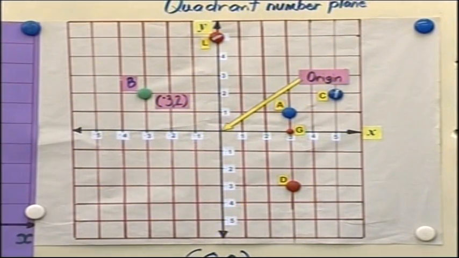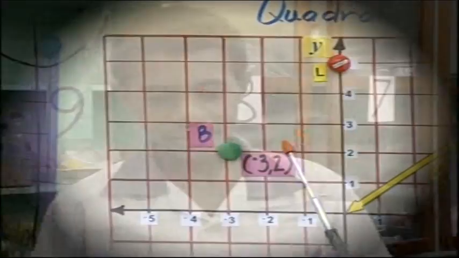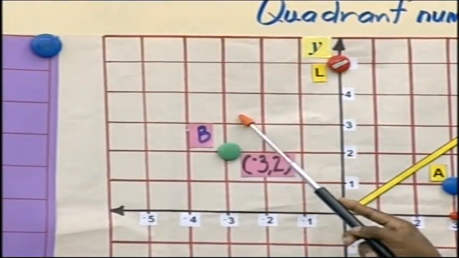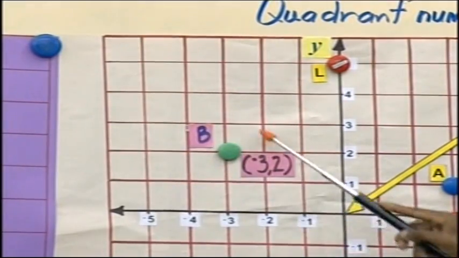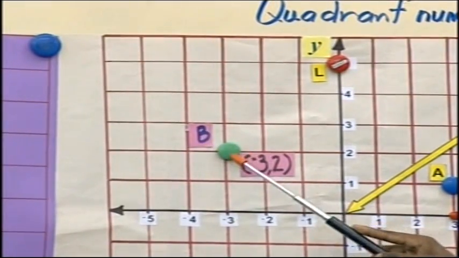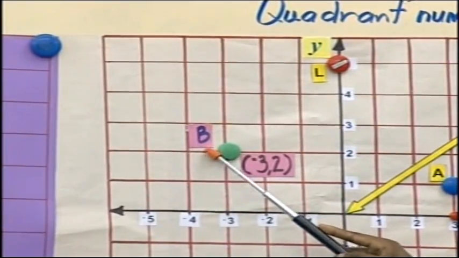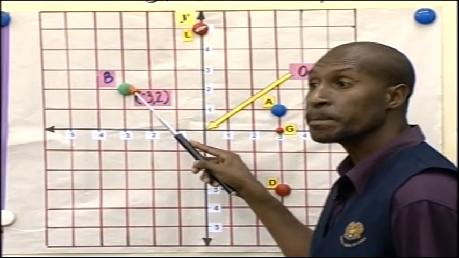What is the name of that point? What is being pasted beside this point here? B. So, the name of this point is point B.